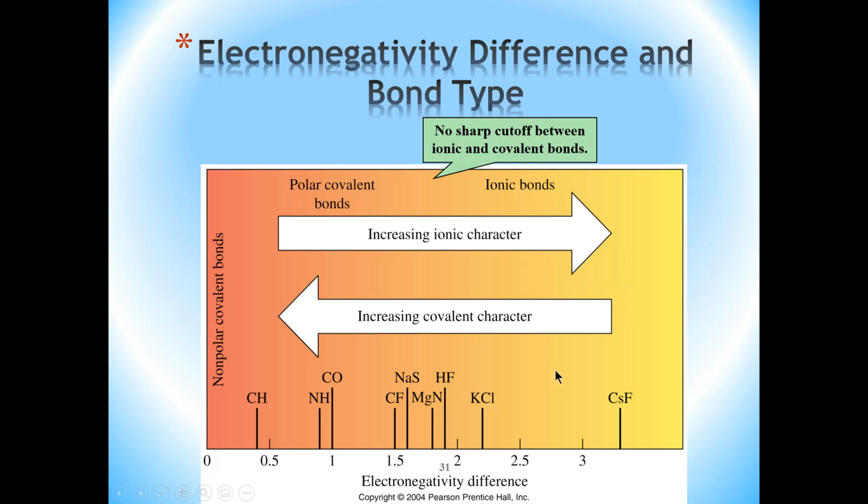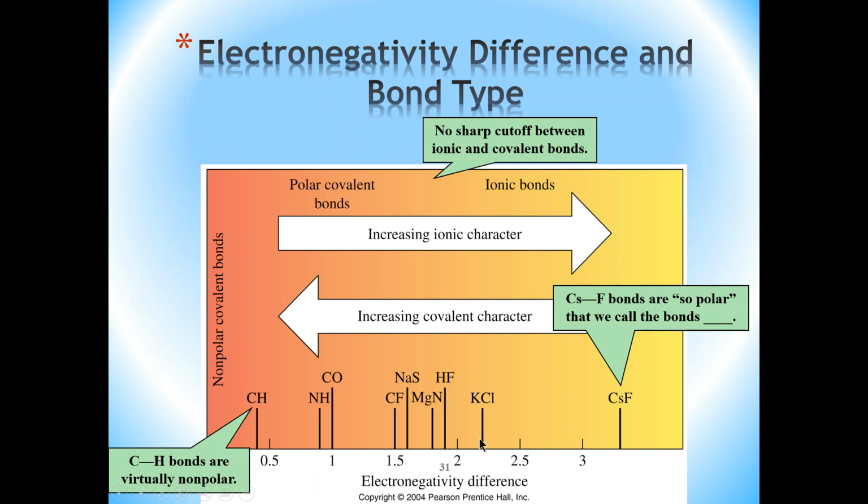So this is showing you the range of possibilities in terms of the electronegativity difference and the type of bonds associated with those differences that exist between atoms.